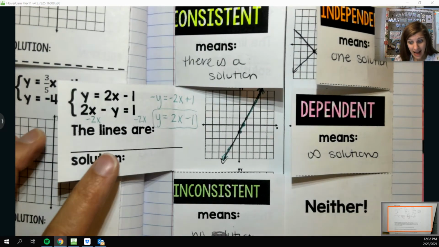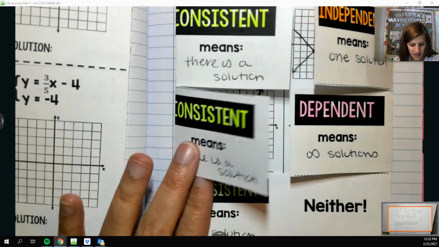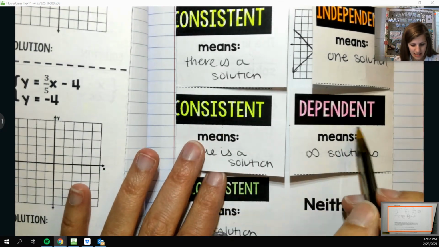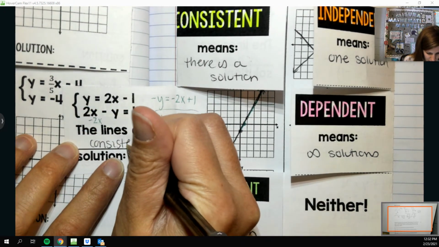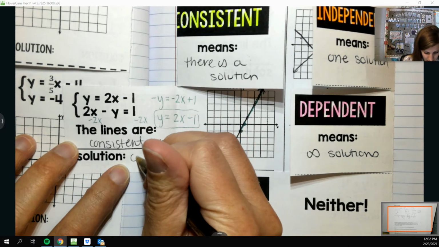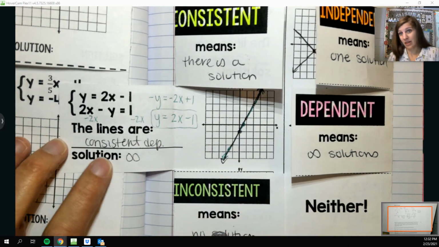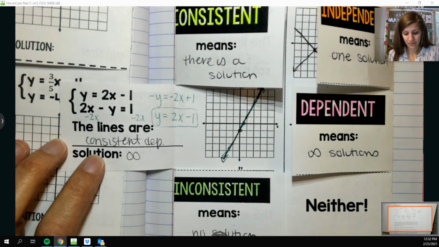So because of that, I do have a solution because they're touching all the time. So this is consistent dependent. And the solution is infinite because all of them touch in all the spots.